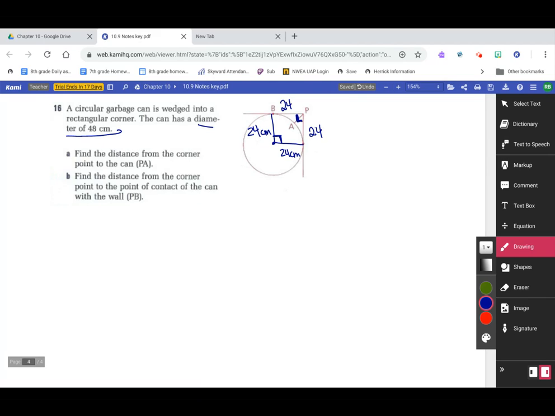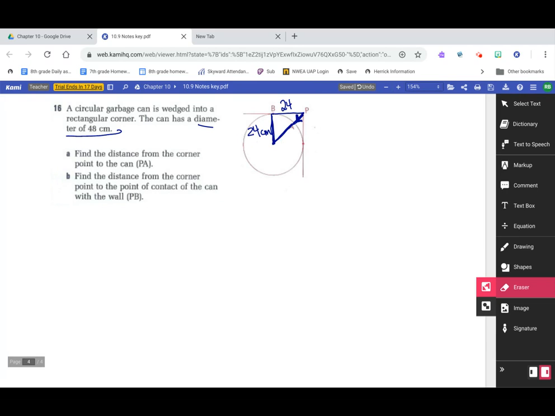And what I really want to draw here to answer the problem, because I want to figure out how far P to A is, right here, this little piece. But I want to extend that and add the radius here. And then what I did was I actually formed a right triangle. And specifically, I'm going to get rid of some of this that we don't need.